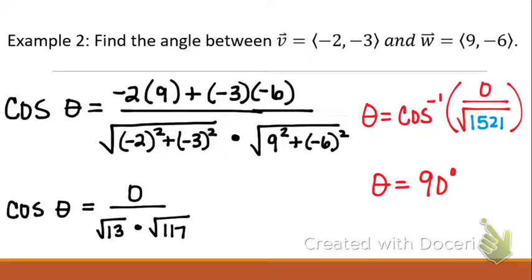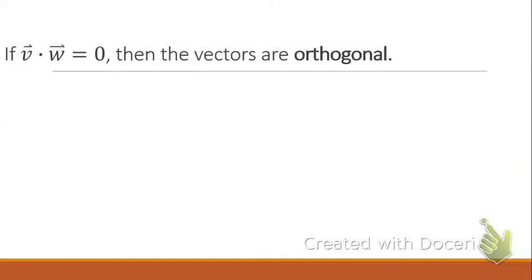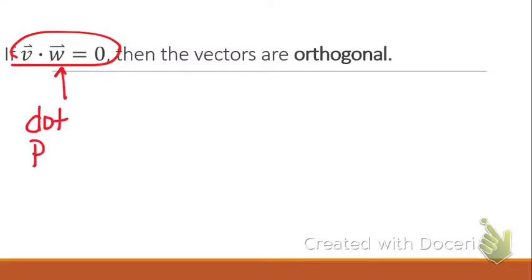Okay, so let's go ahead and look at this definition. It's at the bottom. What this says is anytime you have a dot product of 0, the vectors are orthogonal, which is a fancy word, but it just means that they're perpendicular.